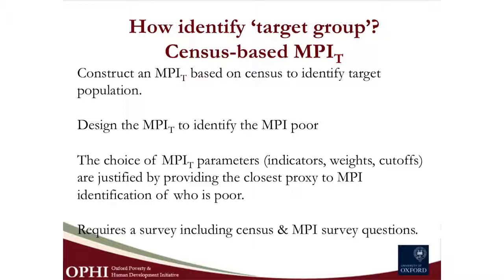What is different in this case is that for the national MPI, you justify the parameters normatively. But in the targeting measure, you are going to dial up and down the parameters to make the fit with the identification of the national measure as tight as possible. So you don't, in a sense, only need a normative justification.